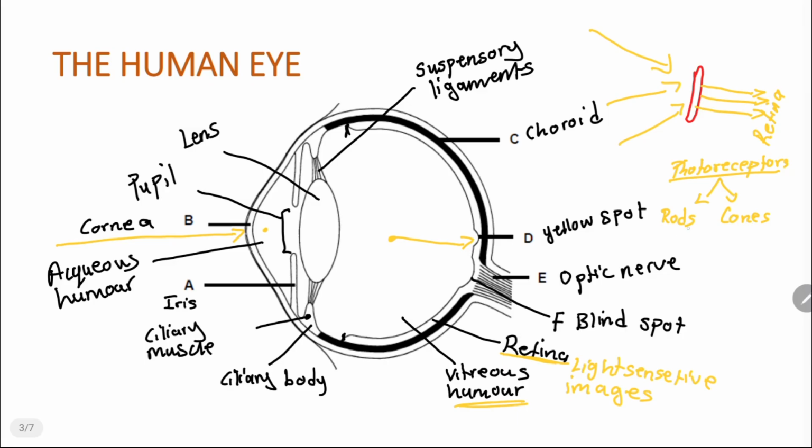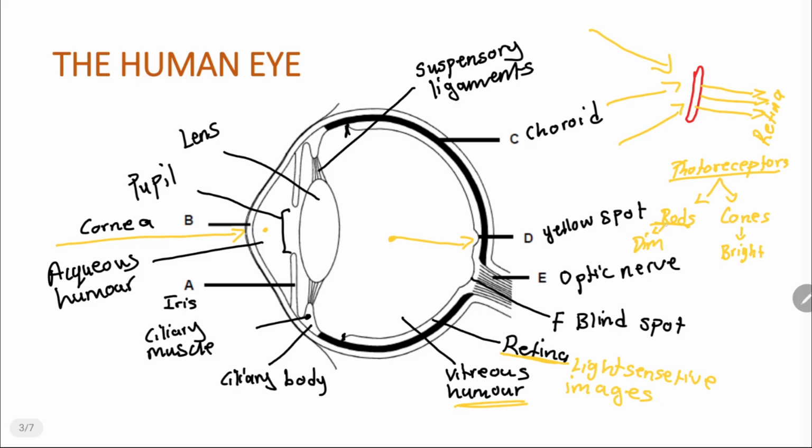Now, how do the rods function as opposed to the cones? The rods are responsible for vision in dim light conditions. When there is very little light, vision is by means of the rods. But in bright light conditions, you see through the receptors called the cones.